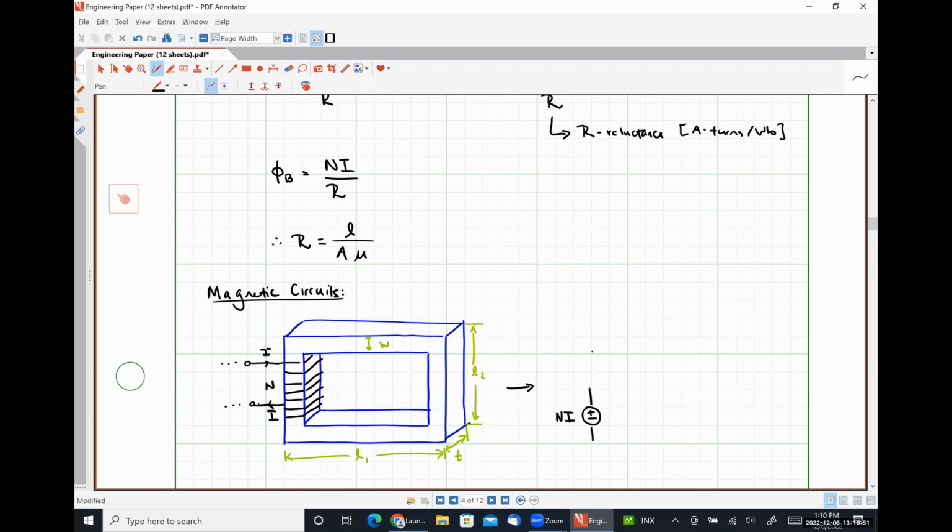And then each of the branches of this core structure are going to have some particular reluctance. So we could call this guy R left. I'm going to try to draw the fancy R's, but I apologize in advance if I accidentally draw a regular R because I'm drawing resistors. Here's R top. Here's R right.